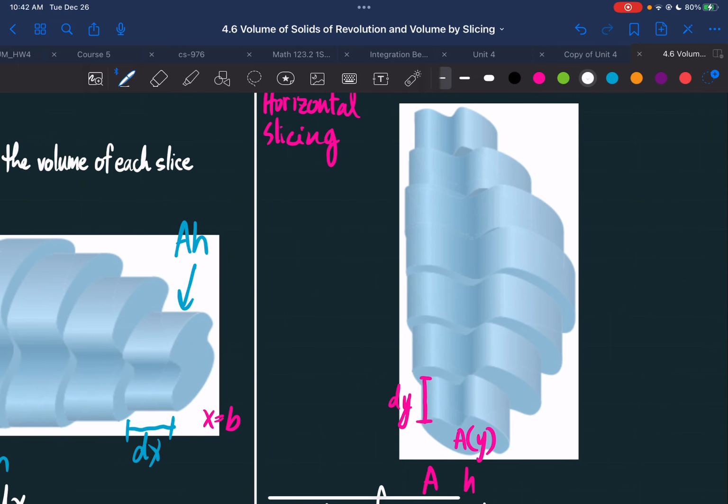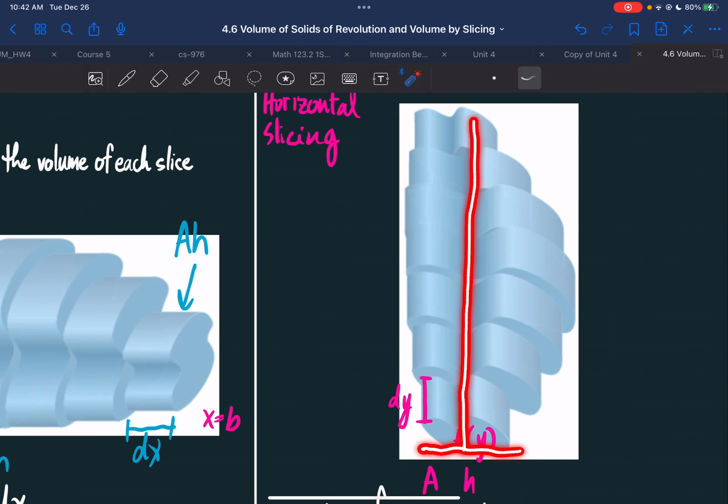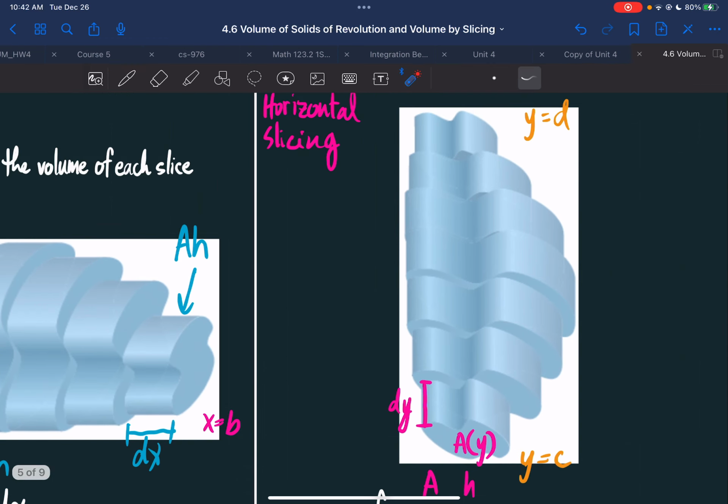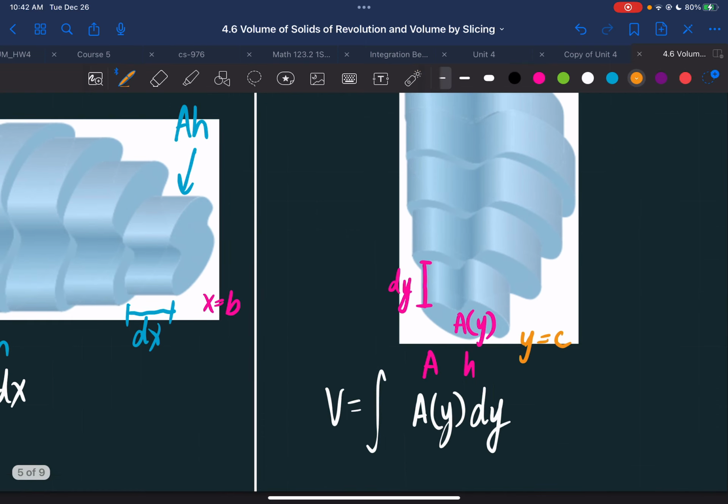And to span the entire solid right here, we are starting from the bottom part to the top part. So for example, if the bottommost is y equals c and the topmost is y equals d, that means that we are slicing horizontally, and we are obtaining the volume starting from y equals c until you reach the topmost part of your solid, y equals d. So that's from y equals c to y equals d.